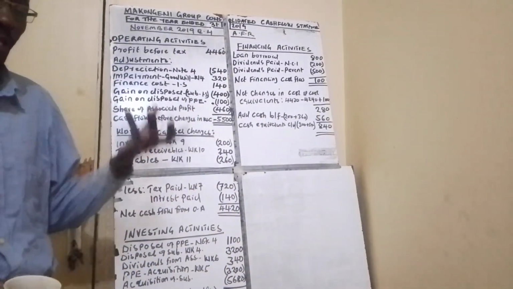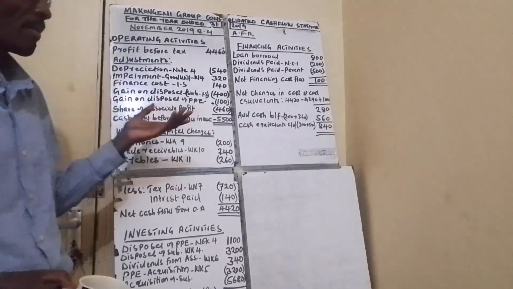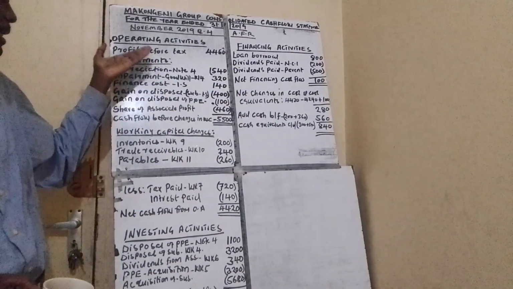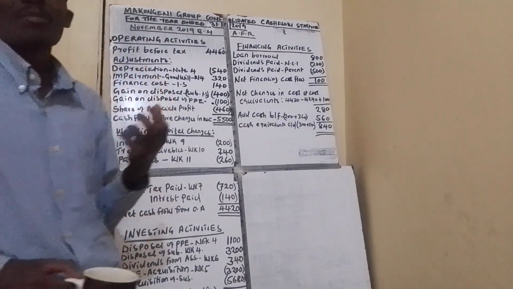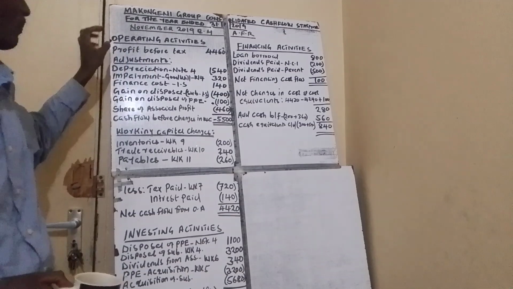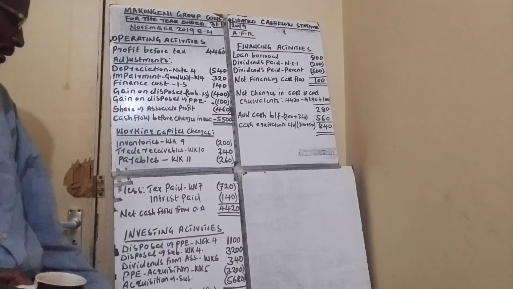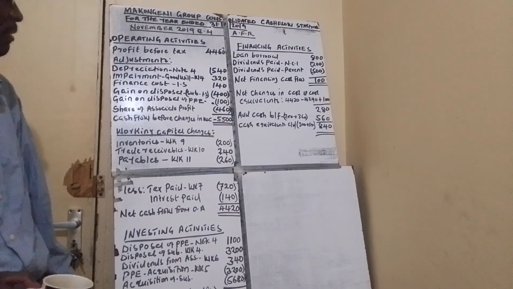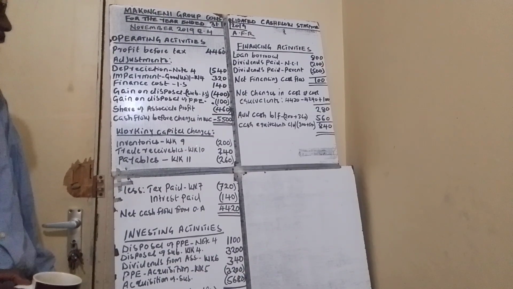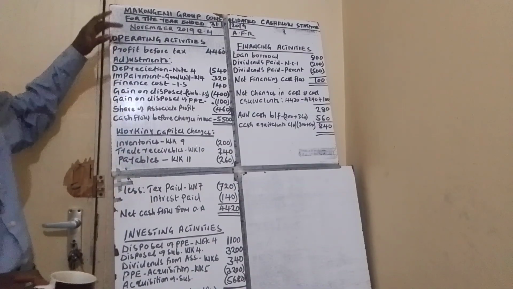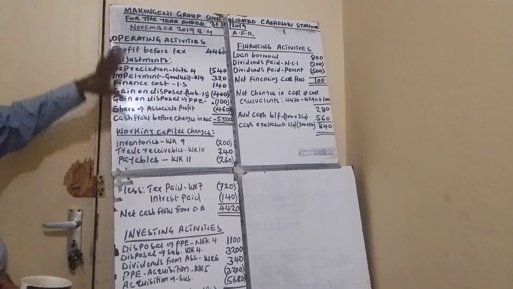If you receive a profit share from the associate and that amount has been accounted for under the operating activities, then obviously we know what is coming from associates is not an operating activity. That should be an investing activity, and therefore it has to be accounted for accordingly. So we'll be adjusting our profit here.